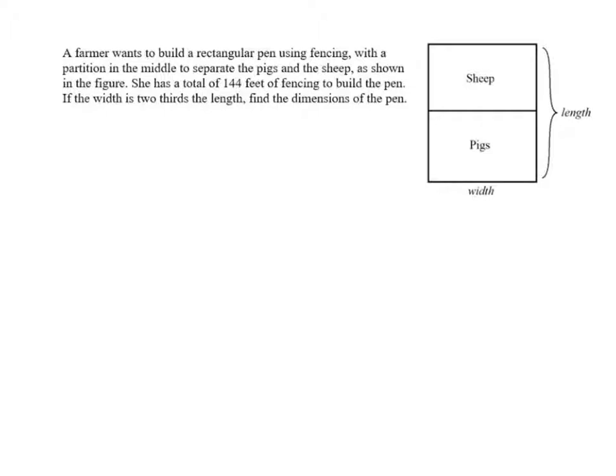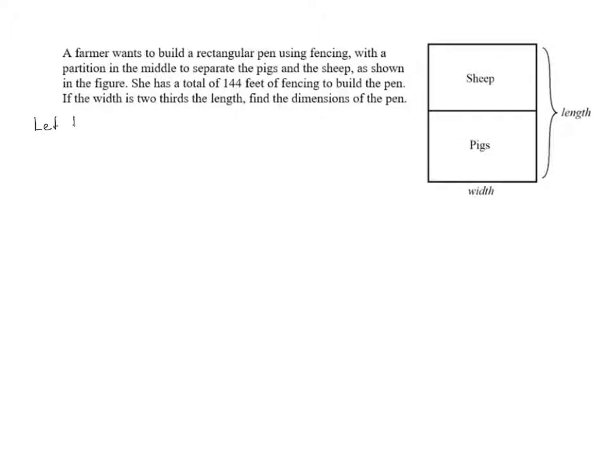In this problem, we're asked to find the dimensions of the pen, which means the length and the width, so we have to let one of those be x. In the very last sentence of the problem, we're told that the width is 2/3 the length, so that means we know nothing about the length, and that's going to be our x.